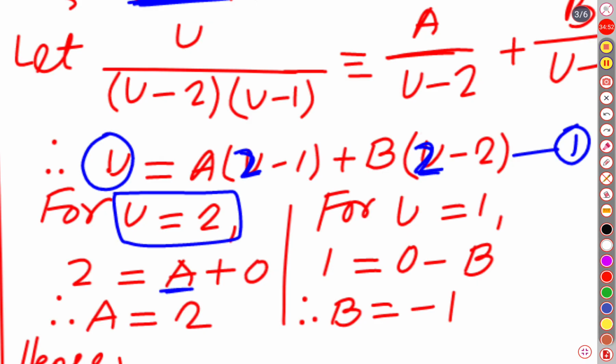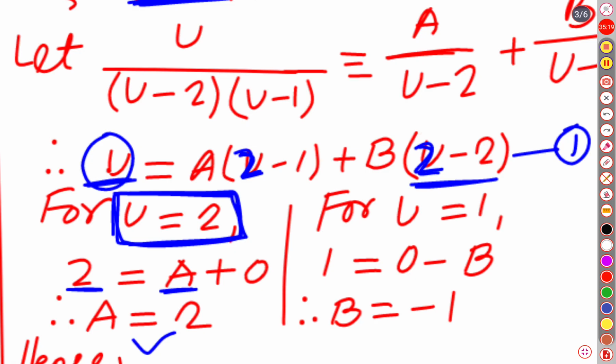So if u is 2, a will have only 1a, plus 2 minus 2 is 0, so there will be no b at all. So a plus 0, that means our a is equal to 2, we have got a.